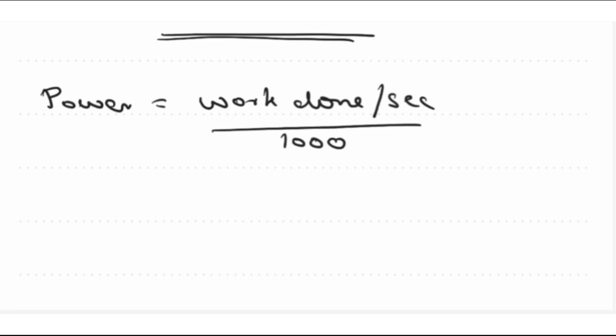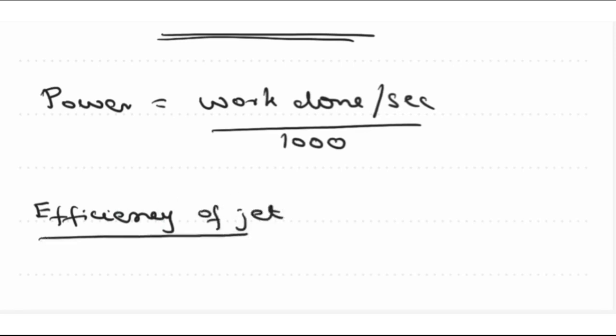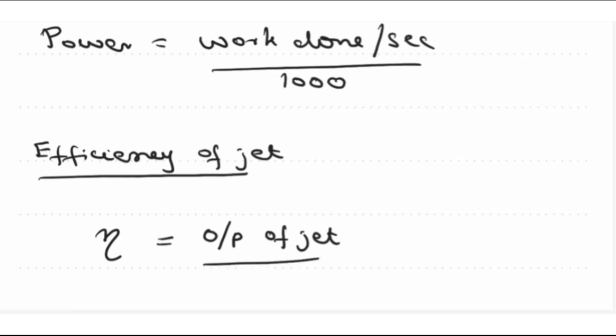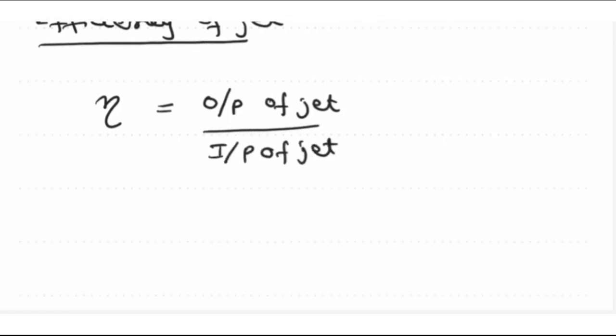So let us see what is efficiency. So efficiency of jet, eta, is equal to output of jet divided by input of jet.